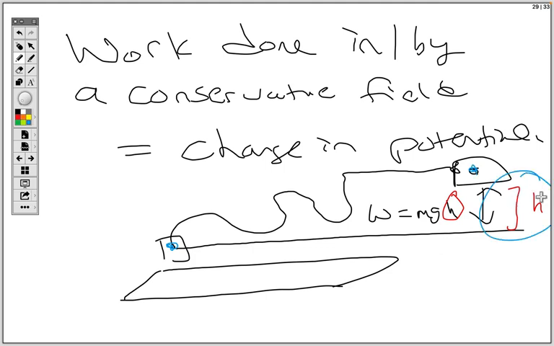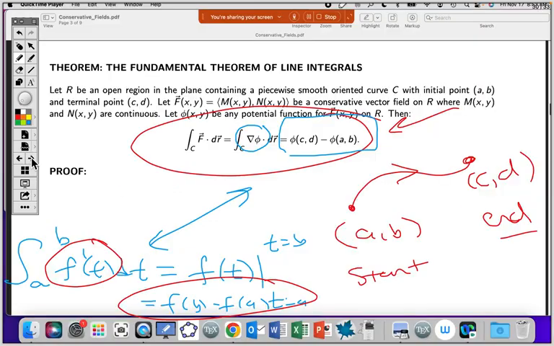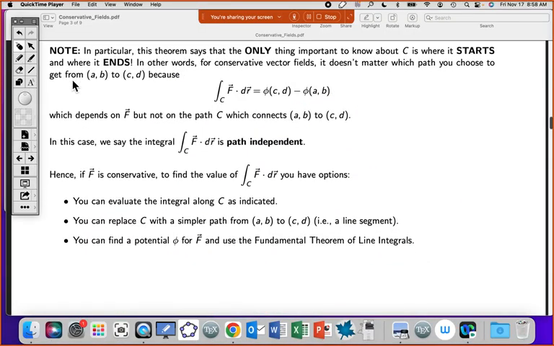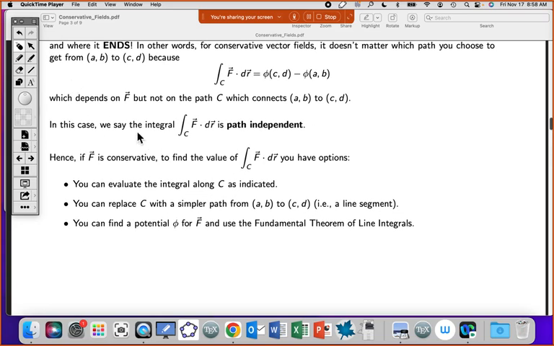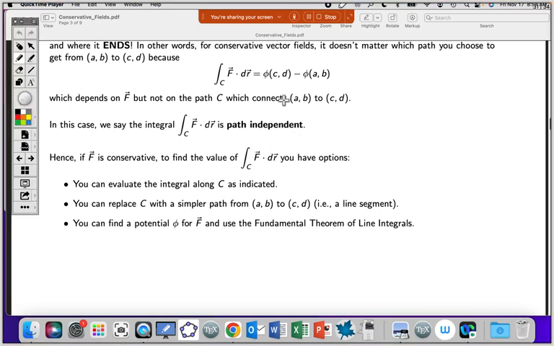The only thing that matters is your change in altitude. You could just go straight up if you wanted to. That's the same work as meandering around. So the fact that the actual path you take from the starting point to the ending point doesn't matter means that this integral would be called path independent. It doesn't matter how you get from A to B. This is kind of like the ends justify the means.